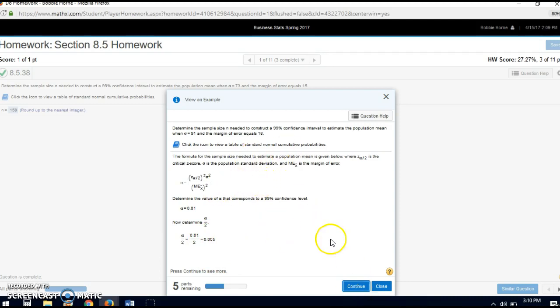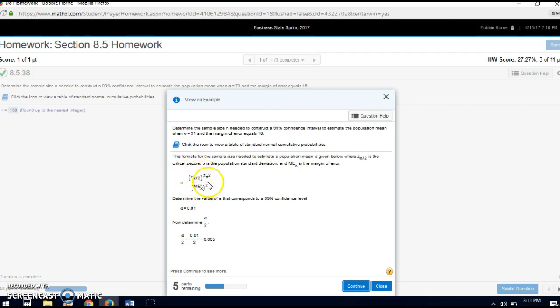And then the next step is to basically plug in your formula, because we know what our margin of error is. That's given. And it also gives us what sigma is. Sigma is 91. Okay. So we have everything else. The only part that's not given is our z value.